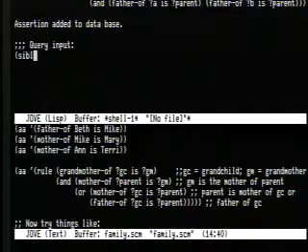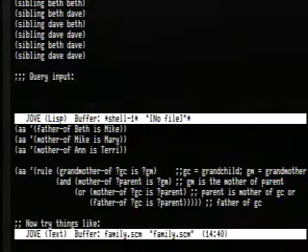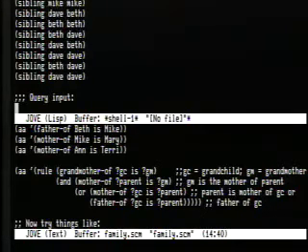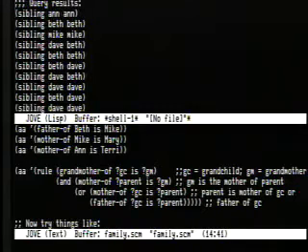Okay, so let's see what siblings we have. Sibling ?X ?Y. So my rule wasn't very good. I did this on purpose. So what's wrong with this? Well, everybody is his or her own sibling.